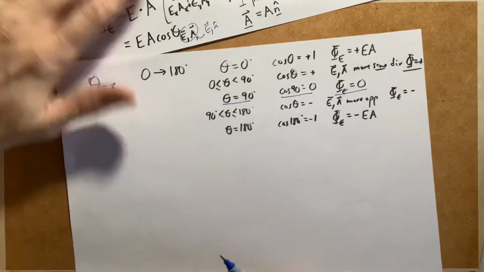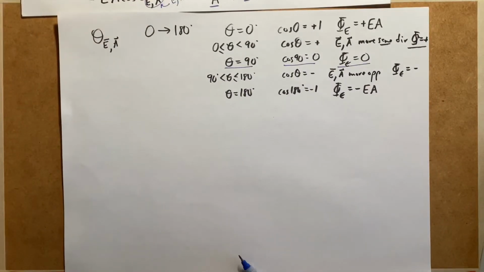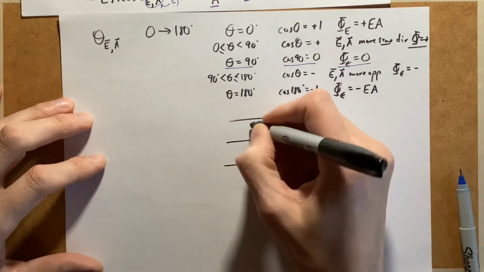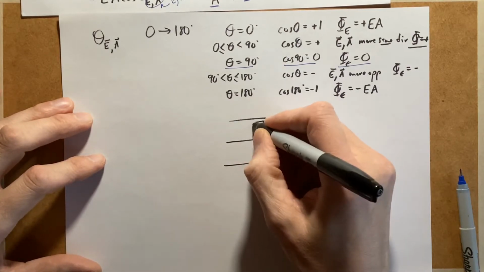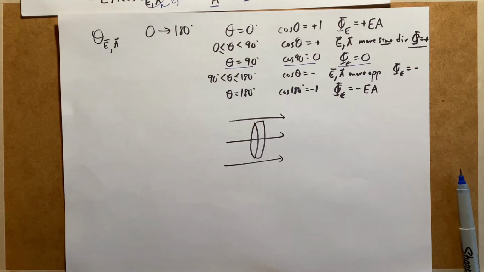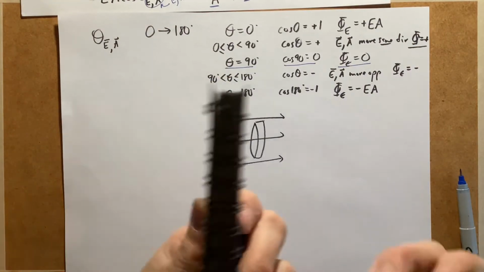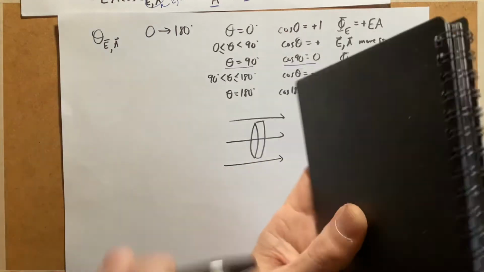And the one thing that you might point out, and you'd be very right to do so, is if you had a catcher that was like that, with the field going to the right and the catcher going like that, how do I know whether to pick n hat to be this way or this way?